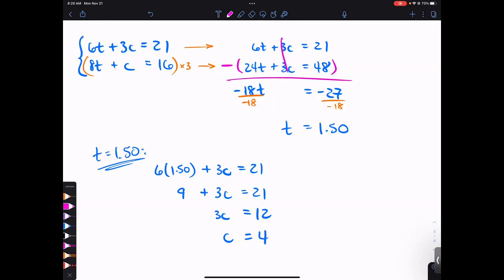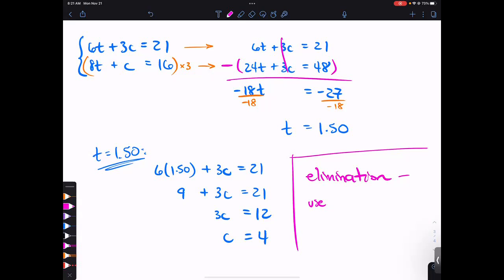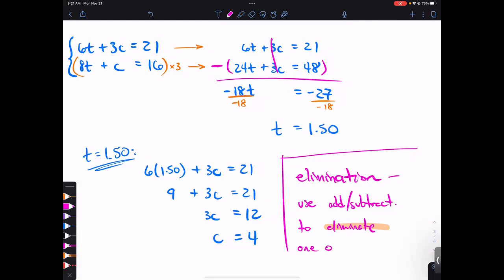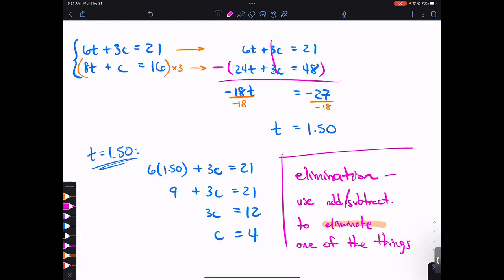Okay, this is called solving by elimination. We use addition or subtraction to eliminate one of the things and then solve for the other.